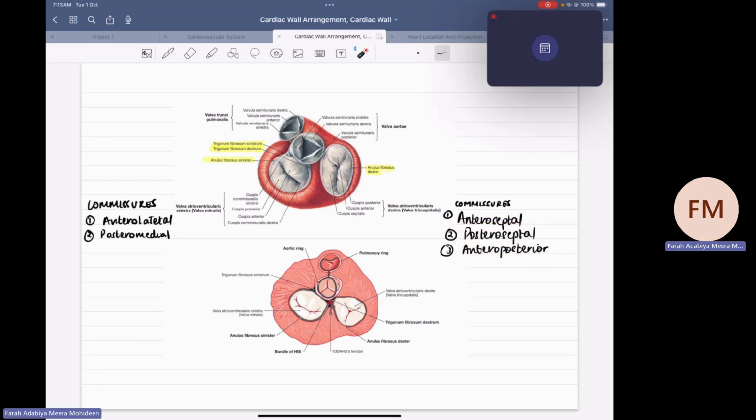And for your bicuspid valve, you have anterolateral and posteromedial. So again, this is just another picture that will help you understand how it looks, right? And this has your bundle of His shown as well. Todaro's tendon is important for one of the topographies in your right atrium, and we'll talk about it in this question itself.